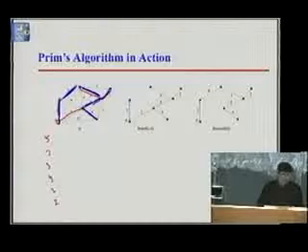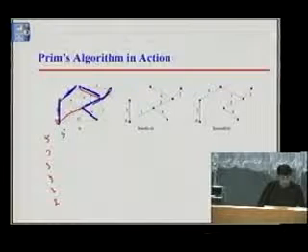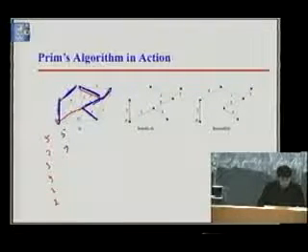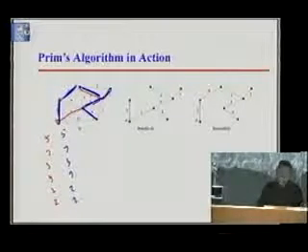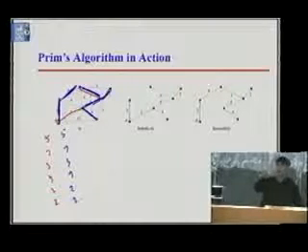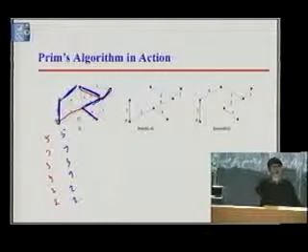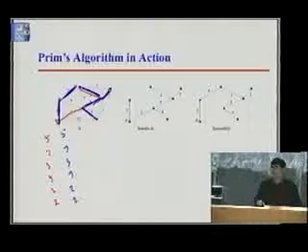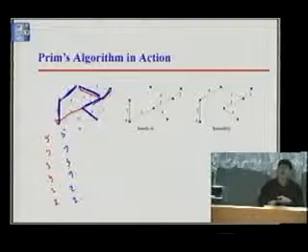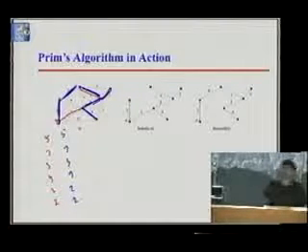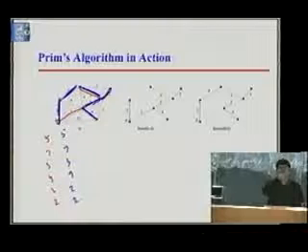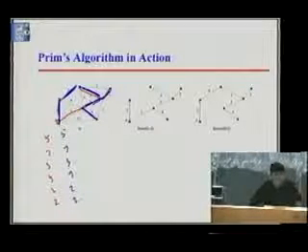So what's the cost of this thing? This thing is 5, 7, 2, 2, 3, 4. Does everybody agree with it? It happens to be the exact same weight as the other one. Any questions? So there might be multiple trees with the same weight. But if Prim's algorithm is going to be correct, it's going to have to find a minimum weight tree, okay, on any graph. Questions about how the algorithm works? Okay, that should be clear.